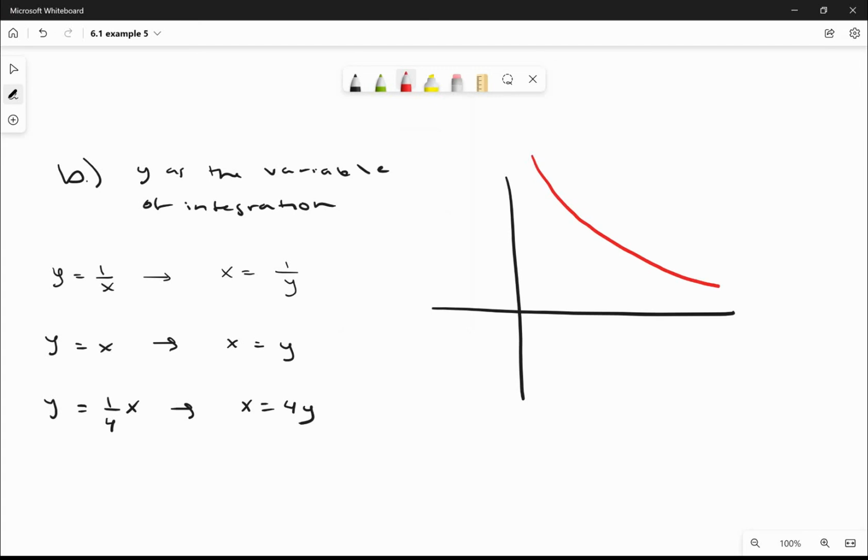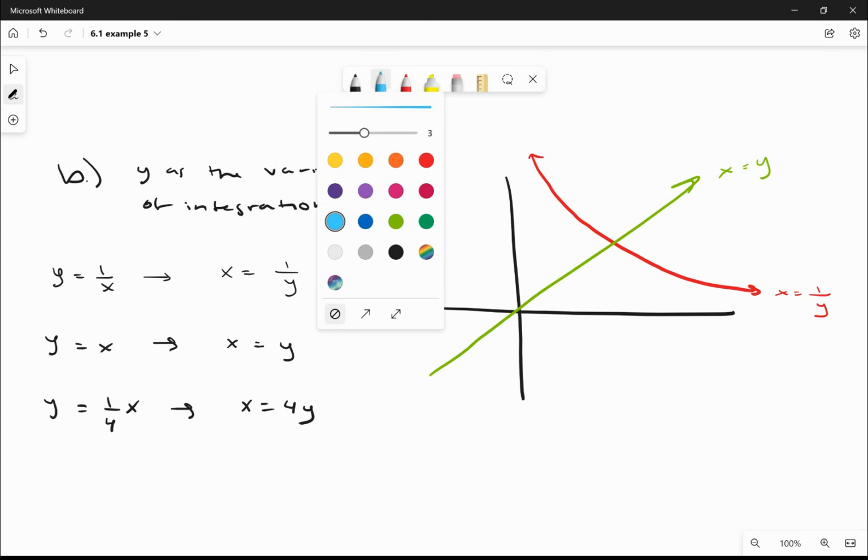So I'll try to do this with the same color scheme. This is our x is equal to 1 over y. And then x is equal to y is green here, and then blue we used for y equals 1/4 x, which is x equals 4y.